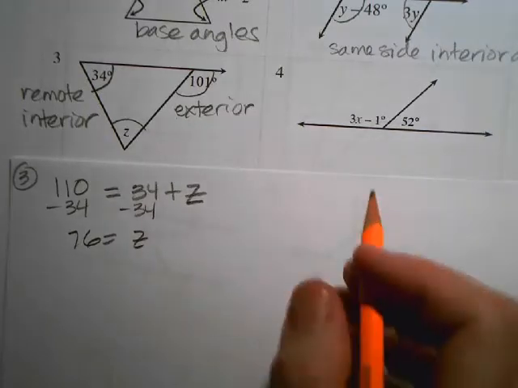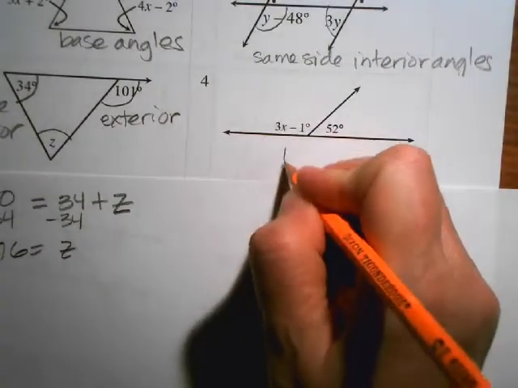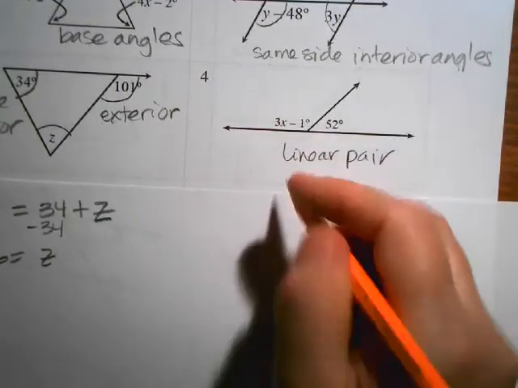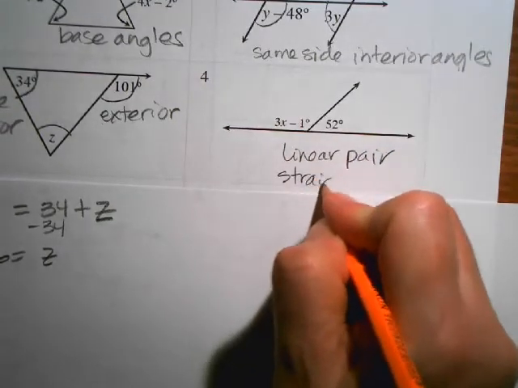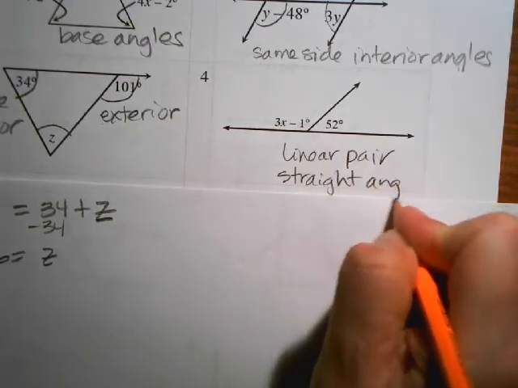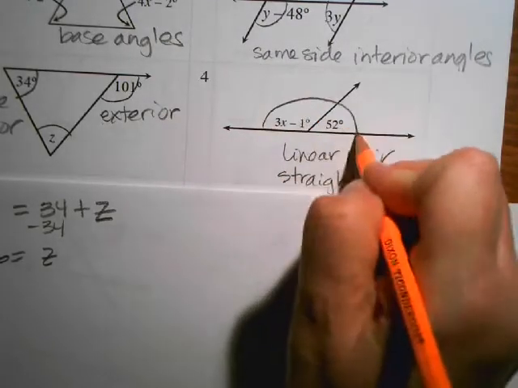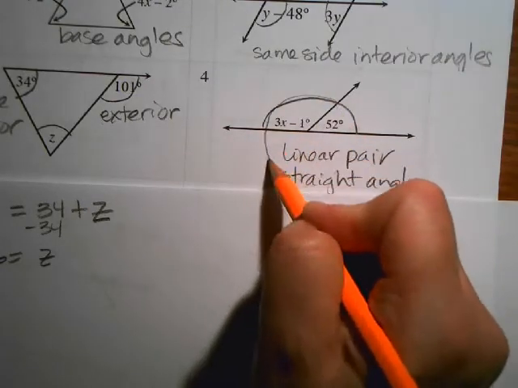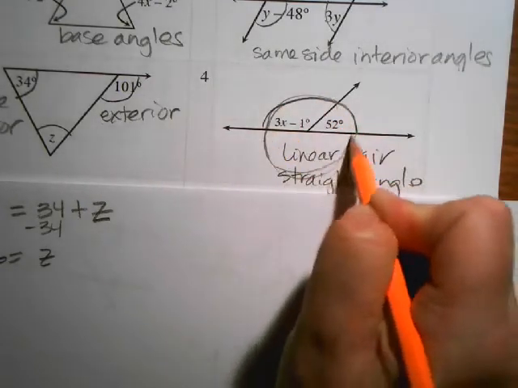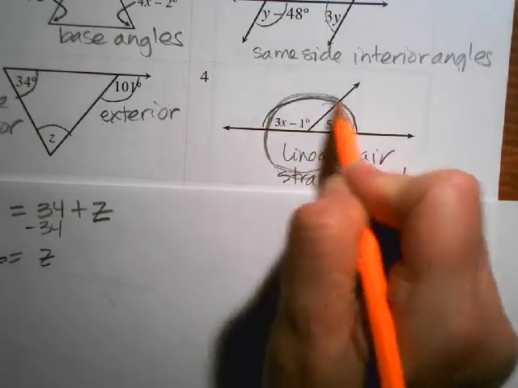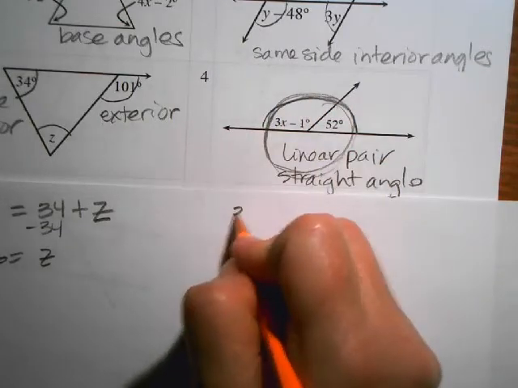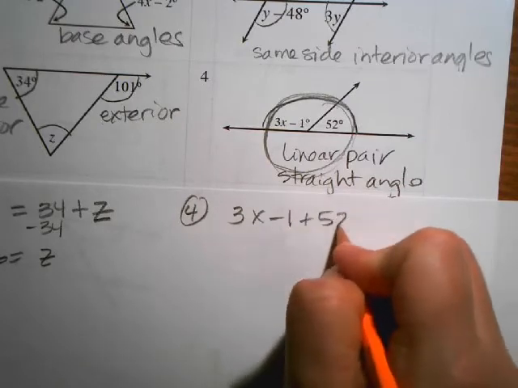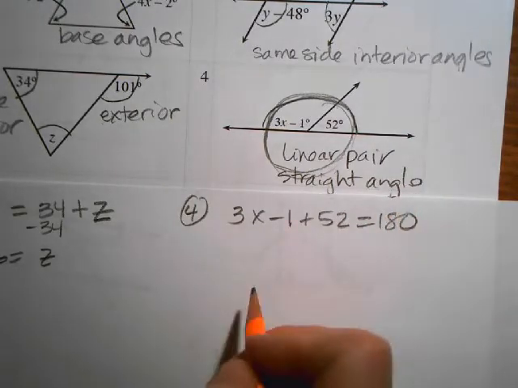Okay, for number 4, we have a linear pair, or you could call it a straight angle because it's on a straight line. So remember, a full circle is 360. An entire circle would be 360. Half of that would be 180. So 3x minus 1 plus 52 equals 180.